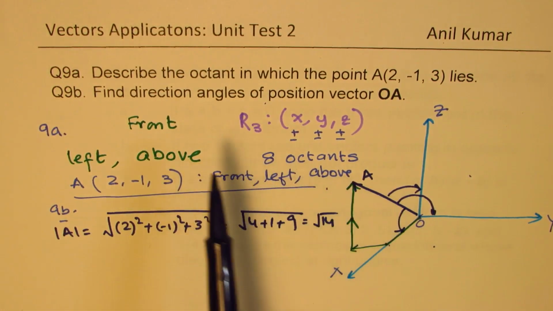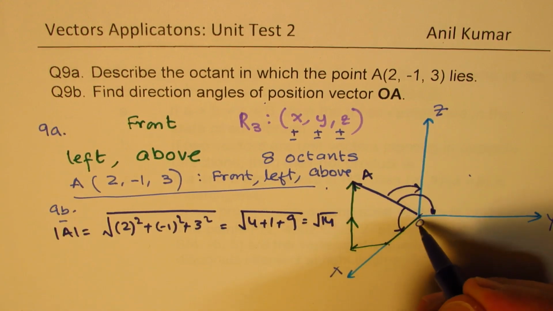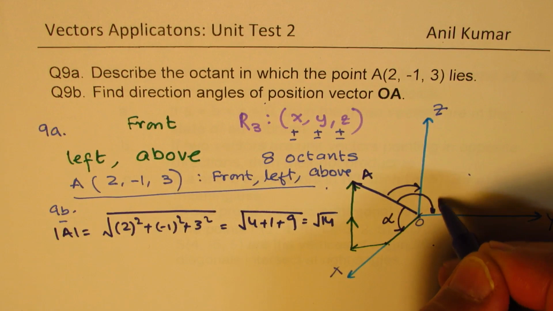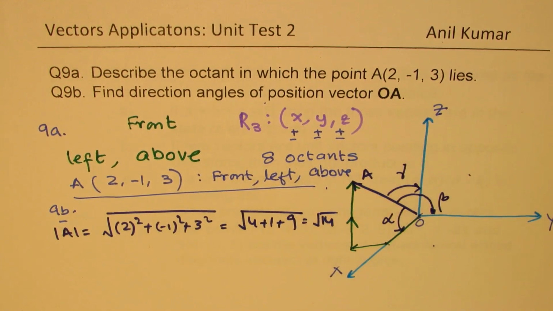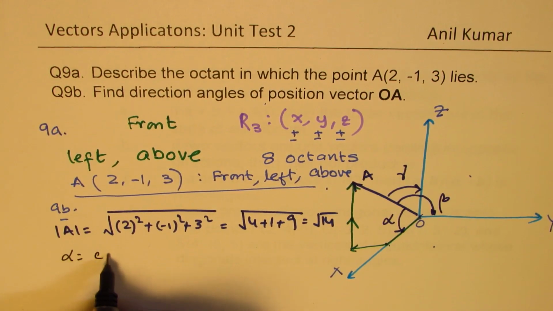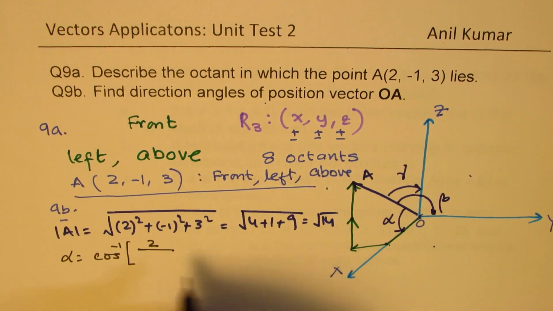Now all these direction angles are alpha, beta, and gamma, right? The angle with the x-axis will be alpha, the one with the y-axis will be beta, and the one with the z-axis is going to be gamma, right? So the value of alpha will be cos inverse of 2 over square root 14.